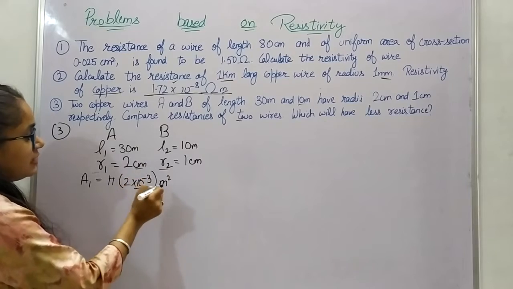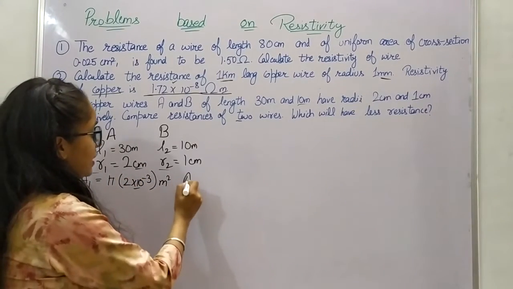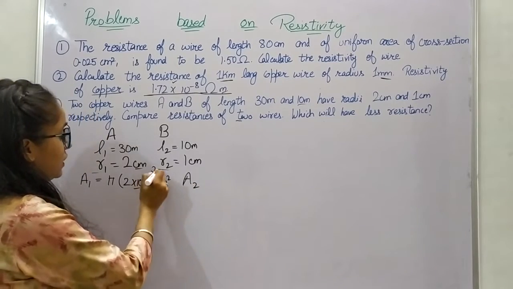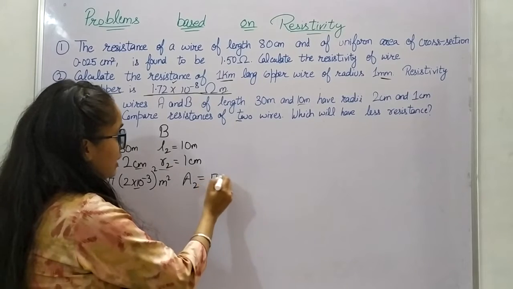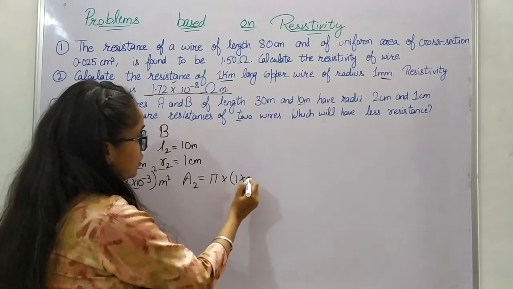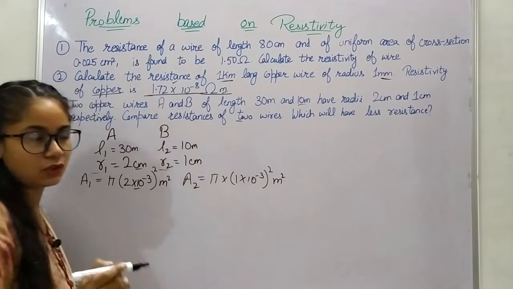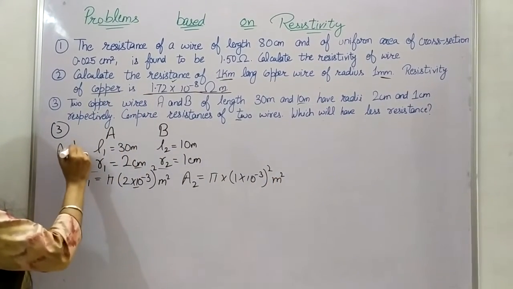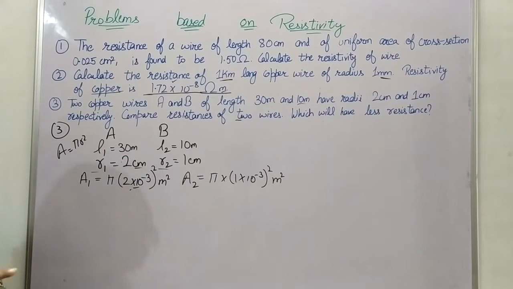See, I converted it directly here. Similarly, area 2 would be pi into 1 into 10 to the power negative 3 squared meter square, because the area was pi r square. So we have these two radii and we will write it down like this.